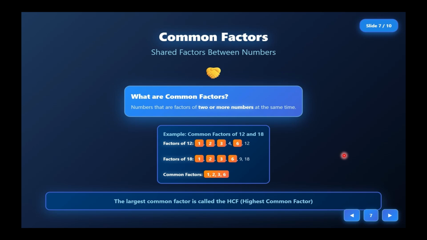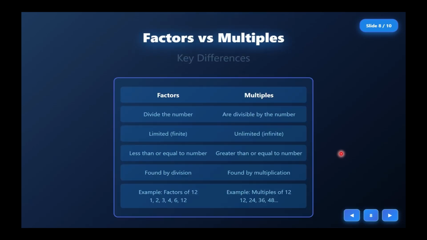Quick important distinction: don't confuse factors with multiples. They are exactly the opposites. Factors divide into the number, they are limited in quantity, and they are less than or equal to the number. Example, factors of 12 are 1, 2, 3, 4, 6 and 12.